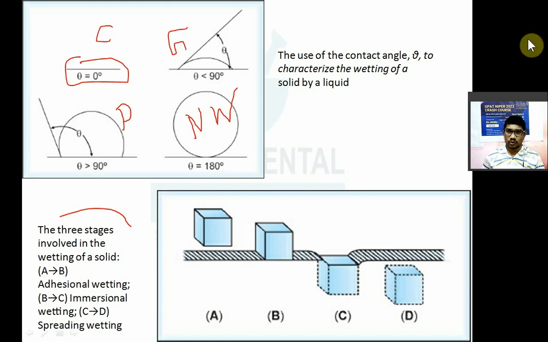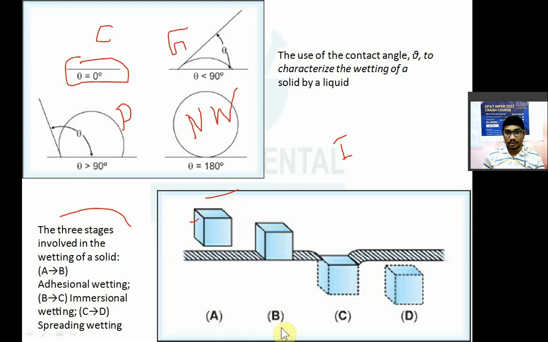So wetting means there is a decrease in the solid air interface. For example, ये solid है उसके ऊपर air है, so there is decrease in the solid air interface. Then decrease in the solid liquid interface.